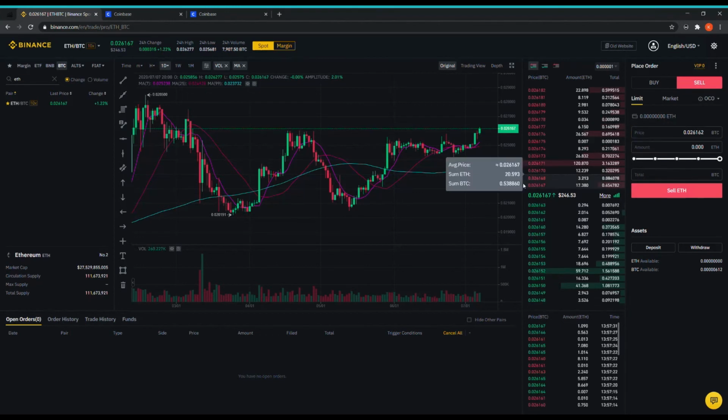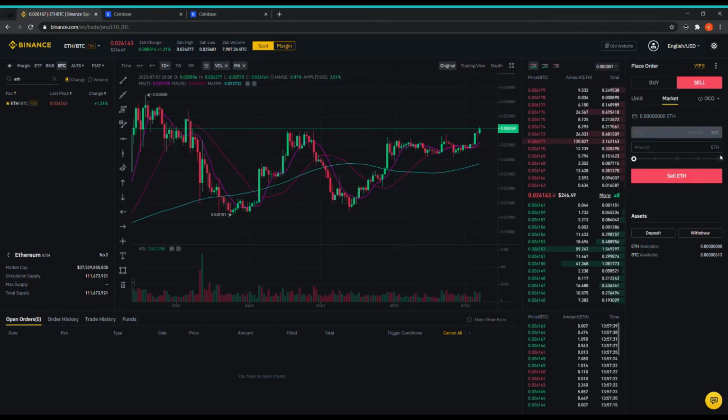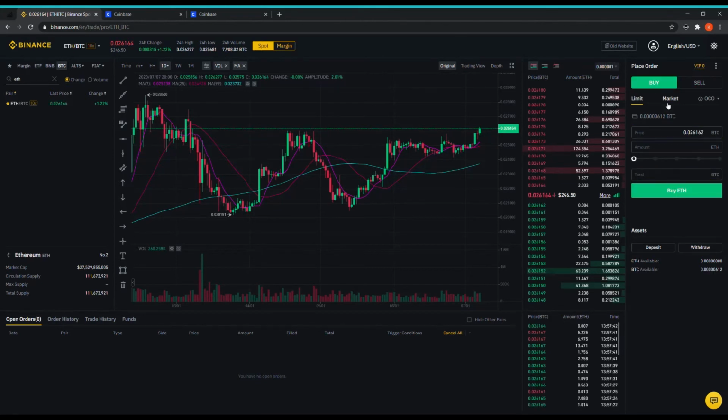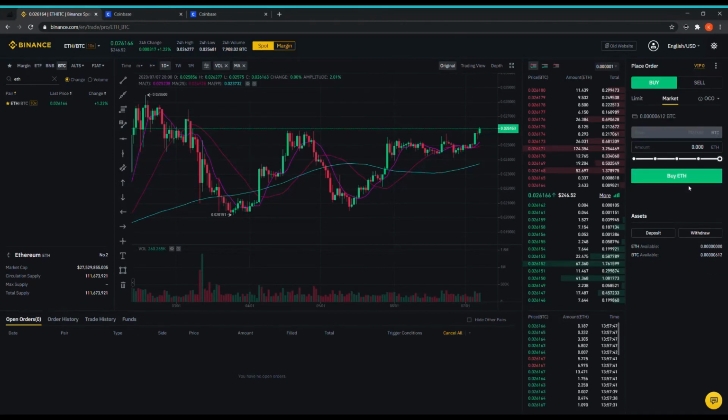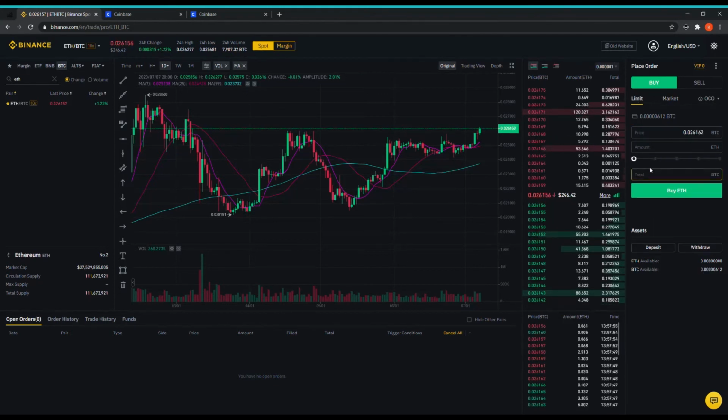So unless you're trading in large amounts, it's easiest to just go to market order and hit 100%, sell it, or market order 100% buy. And that's how you do it. I would just recommend doing market orders unless you have a lot of money, because if you put a limit order in, it's not going to fill.